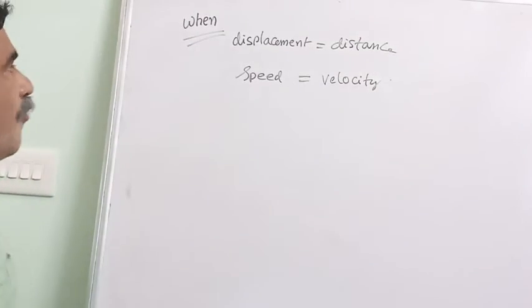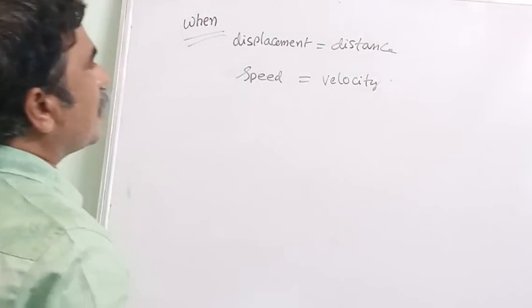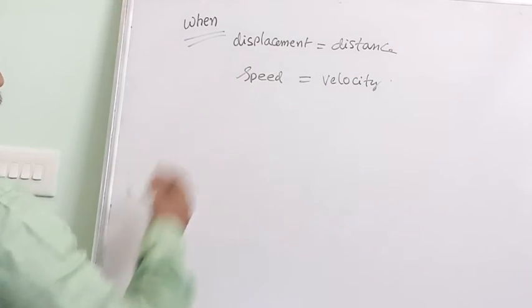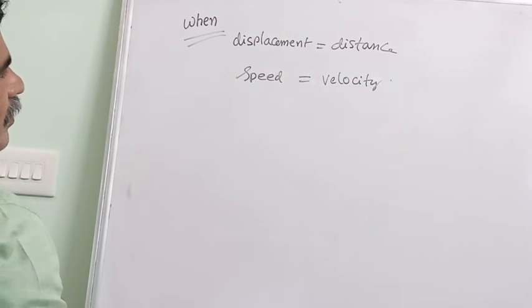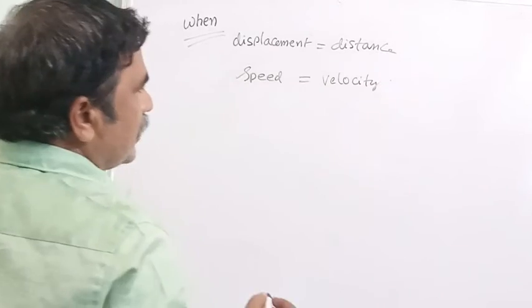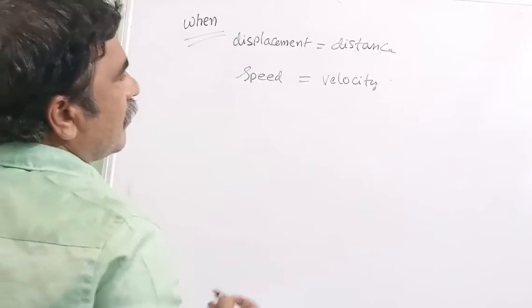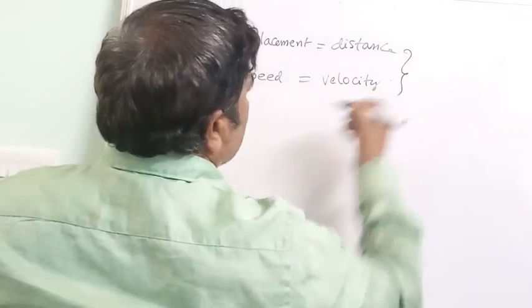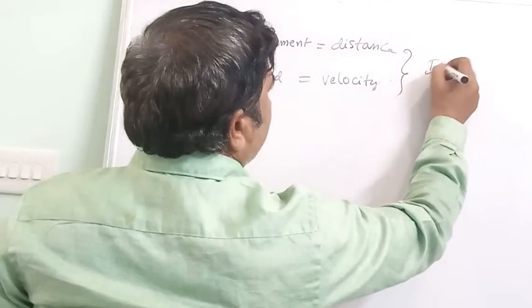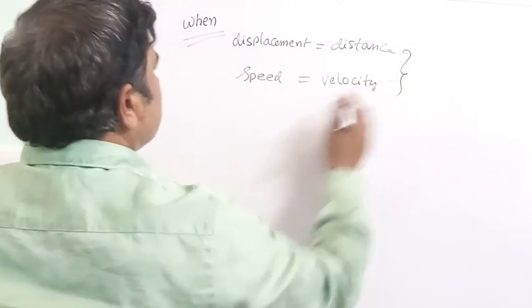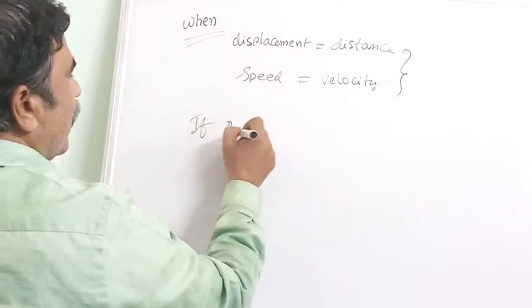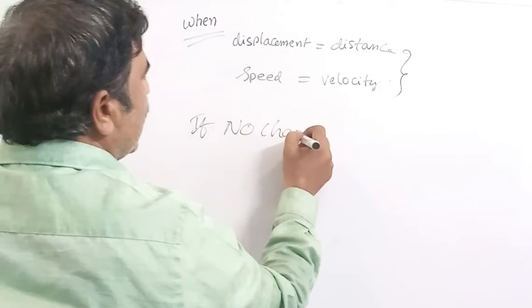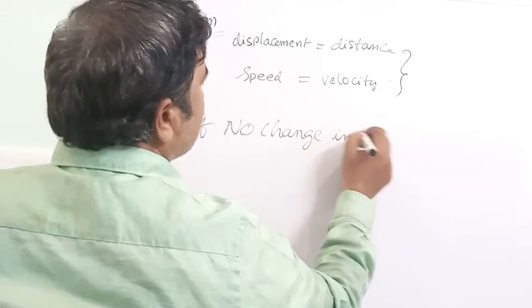Now, when is displacement equal to distance, or speed equal to velocity? If displacement is equal to distance, then speed is equal to velocity. When is it possible? If there is no change in direction.